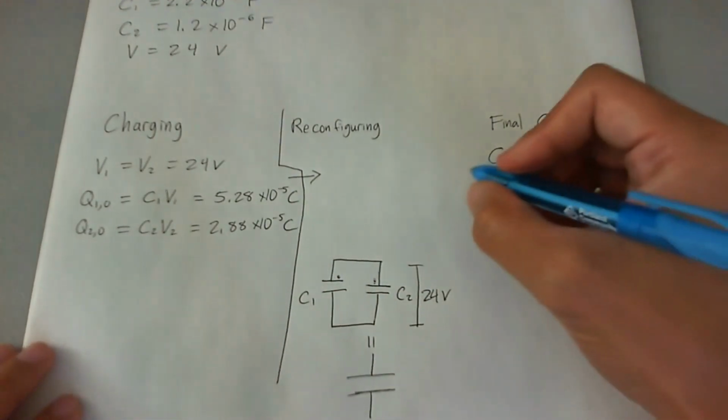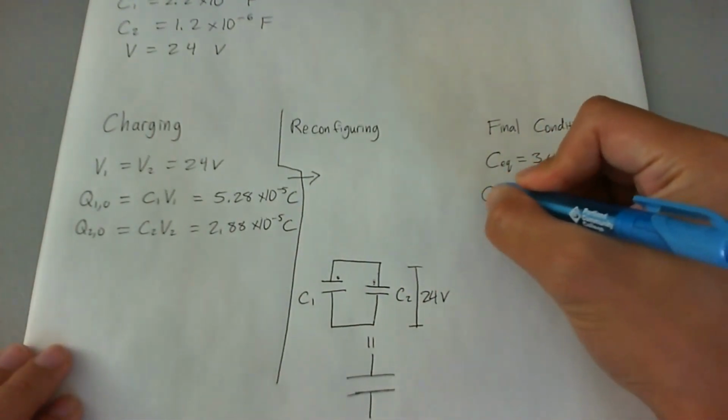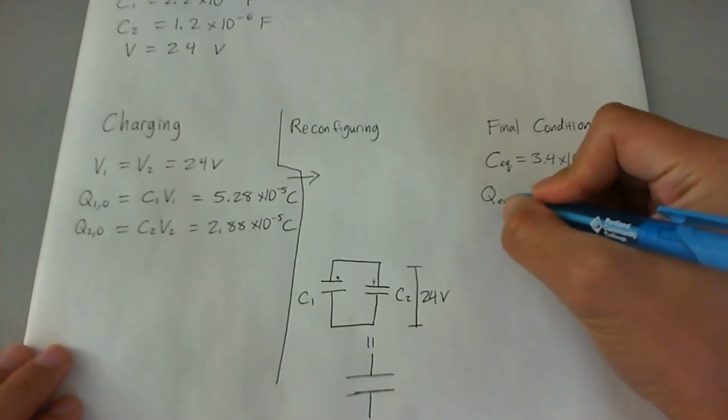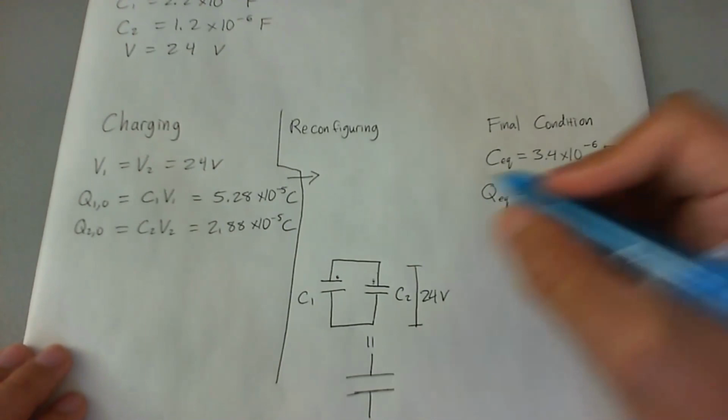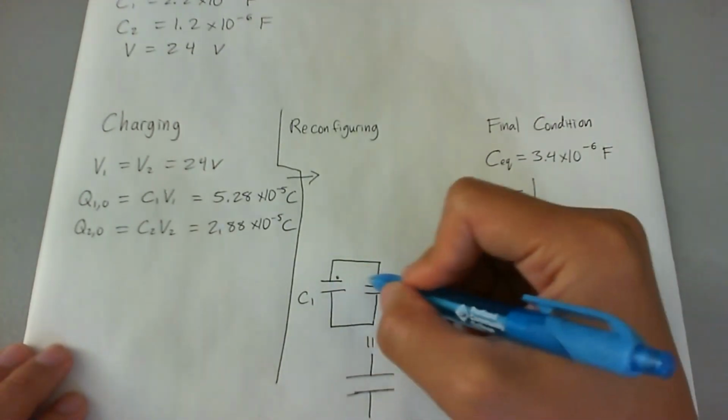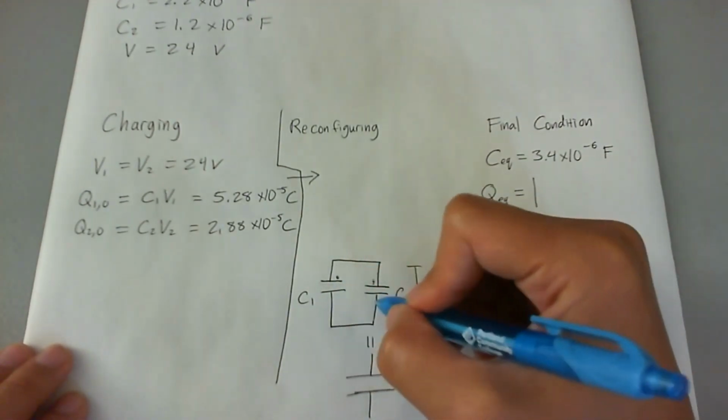So in order to do that, you would say that the Q equivalent is going to be the sum of the two Qs on either the top of these two capacitors or the bottom of these two capacitors.